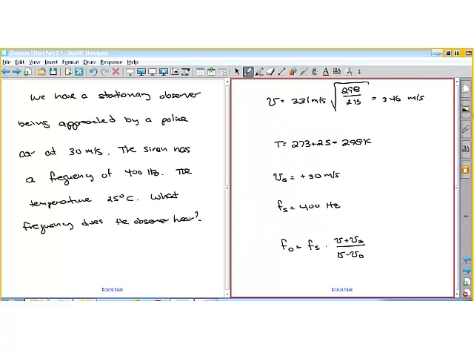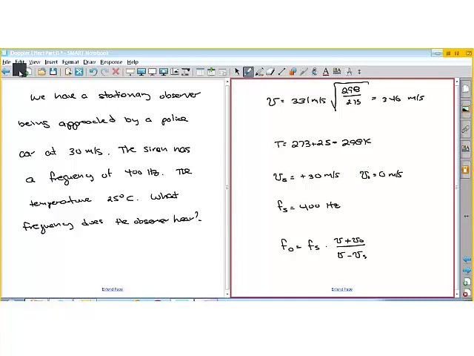I think that's the right equation. Actually, no, it's the other way around. So what was it again? V plus V of the observer divided by V. Okay, so there you go.